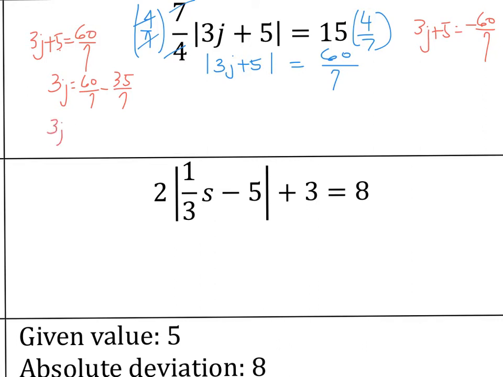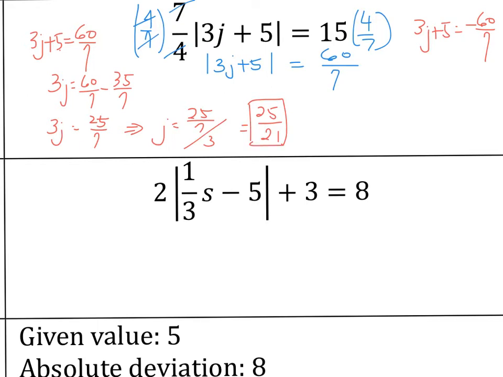So 3j equals 25 over 7. And then j equals 25 over 7 divided by 3, which equals 25 over 21.